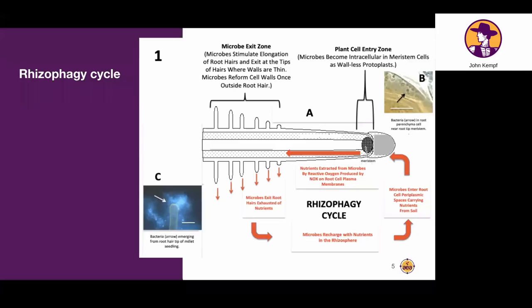I am really excited about the discovery, or the elucidation, the description of the rhizophagy cycle that Dr. White and his colleagues have described. I've had him on the podcast. He's done a couple of webinars. There's lots more information available online around this process. But the bottom line for the purpose of this webinar is that it's possible to supply upwards of 90% of a crop's nitrogen requirement using this process, and that is how you will consistently produce the highest yields and the highest quality.